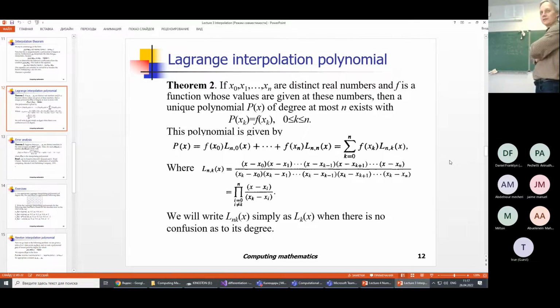How can I simplify the formula? x2 minus x0, x2 minus x1. 2h squared, like in the first case.